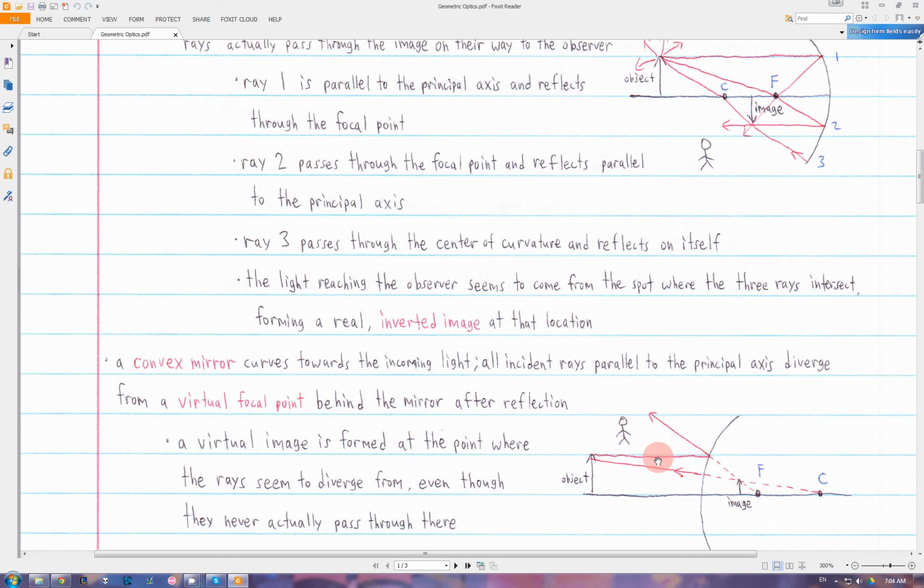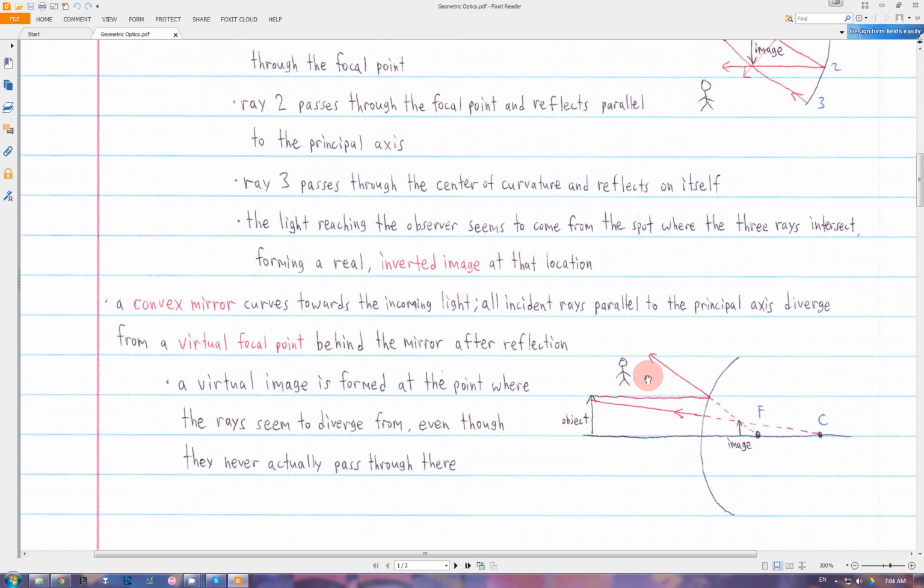So these incoming rays don't actually diverge from the focal point, they only appear to diverge from the focal point. As you can see, if we extended this reflected ray's line back behind the mirror, it passes through the focal point. So a convex mirror will usually form a virtual image.